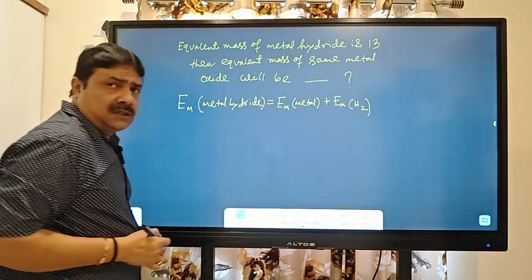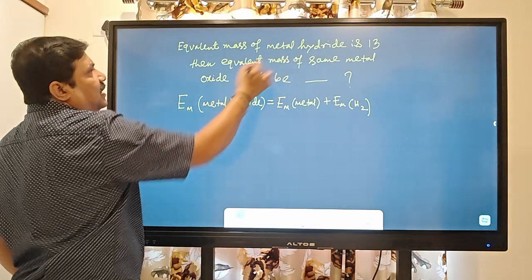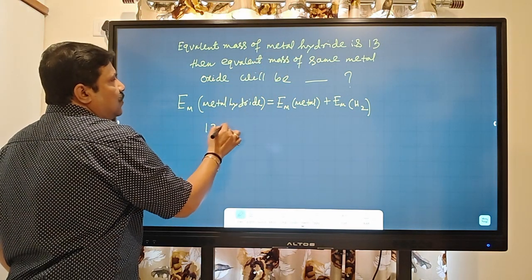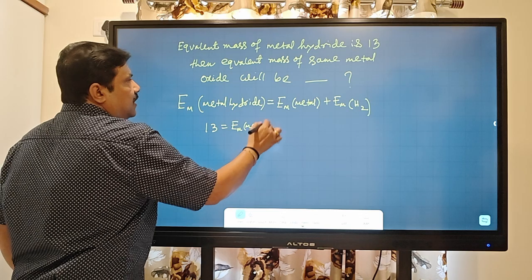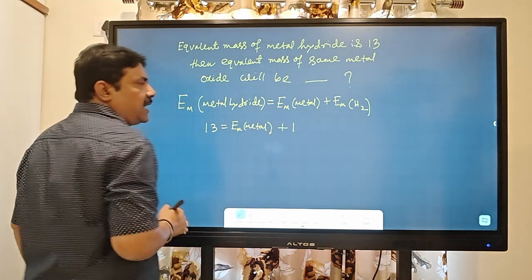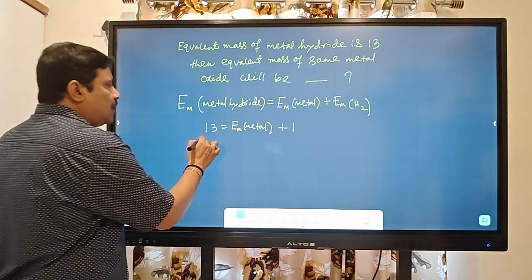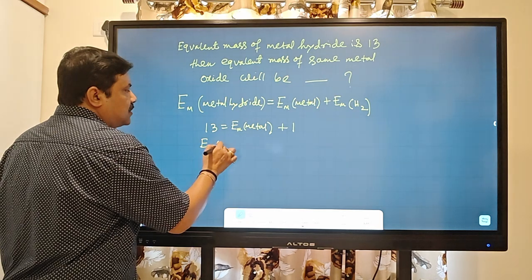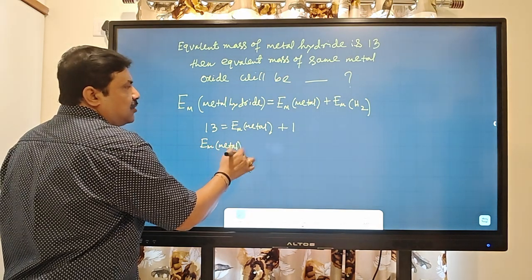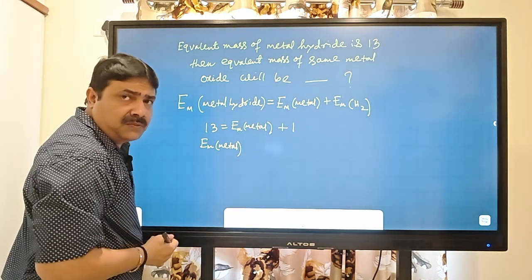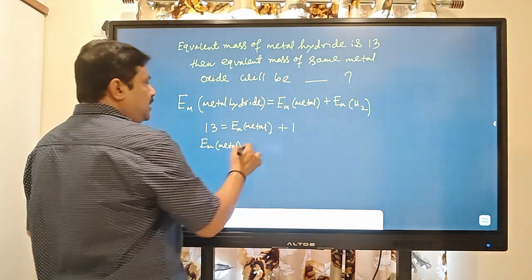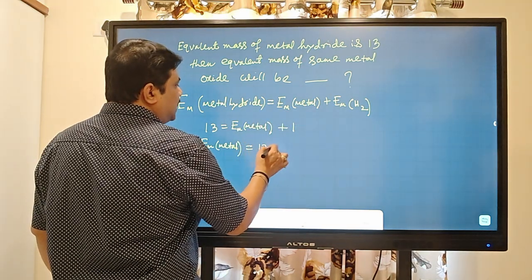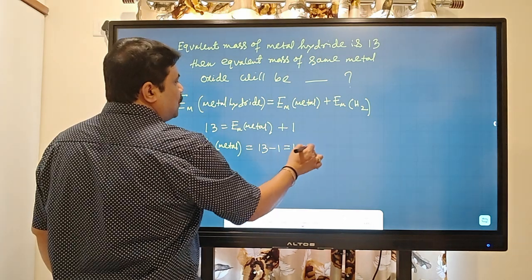Yes or no? Then equivalent mass of metal hydride, they are telling 13, equals equivalent mass of metal plus equivalent mass of hydrogen. Just now we calculated, which is 1. Molar mass of hydrogen is 2, N factor is 2, 2 by 2 is 1. So equivalent mass of metal will be 13 minus 1, which is 12.